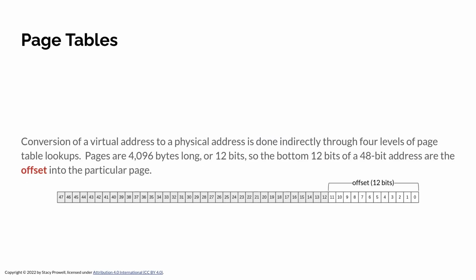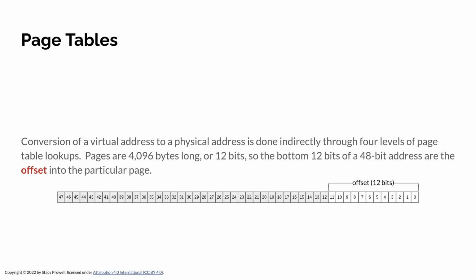It's fascinating, isn't it? So how does all this work? Well, conversion of a virtual address to a physical address is done through page table lookups. You may already know all this stuff, so apologies if this is boring to you, but it's worth a quick discussion.